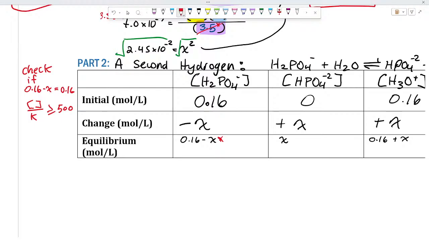So let's do our check. What is the concentration that we're starting with? 0.16. And then look up at the question. What's the K value here? Might as well write it here while we're at it. Ka2 equals times 10 negative 8. All right, that is a really small number.